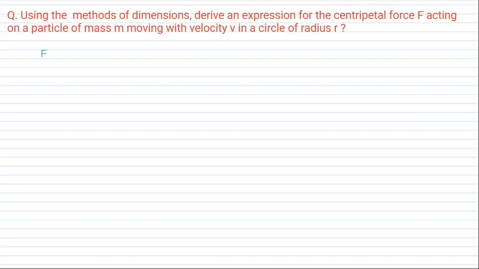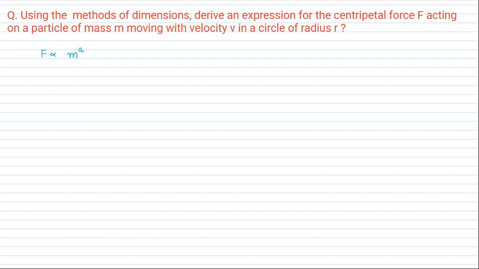So here my centripetal force F is proportional to, this is your proportionality sign, the mass m of the body. Now we don't know at what power of m it is dependent, so we assume it is dependent on some power of mass, power a.